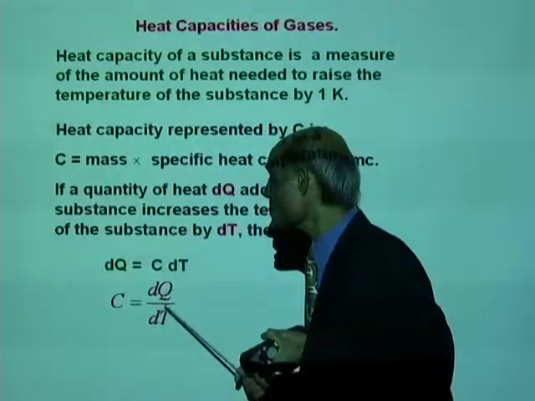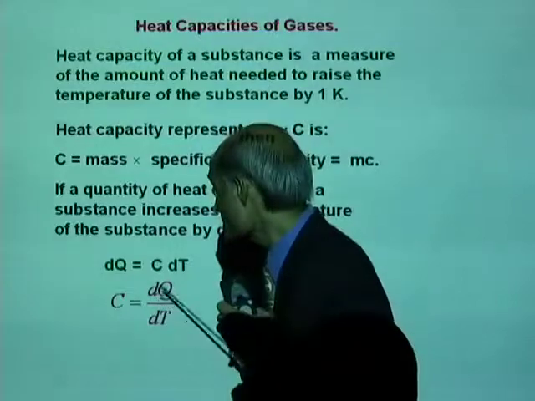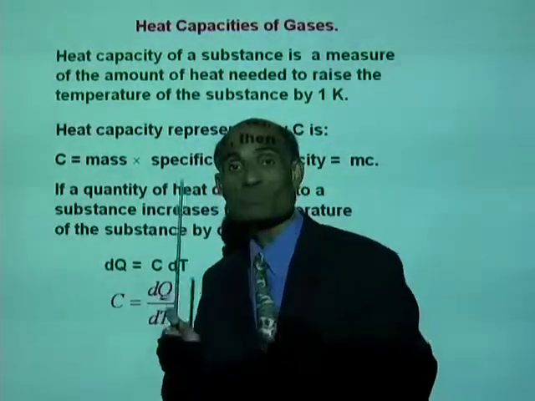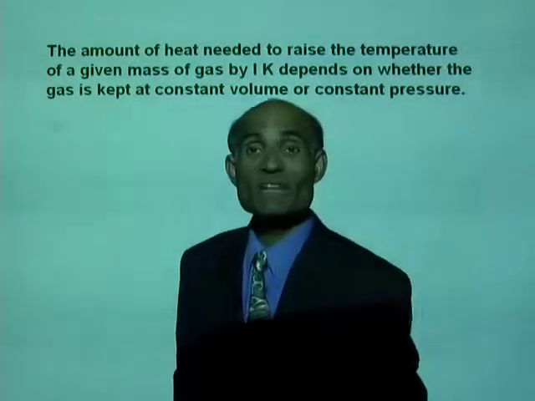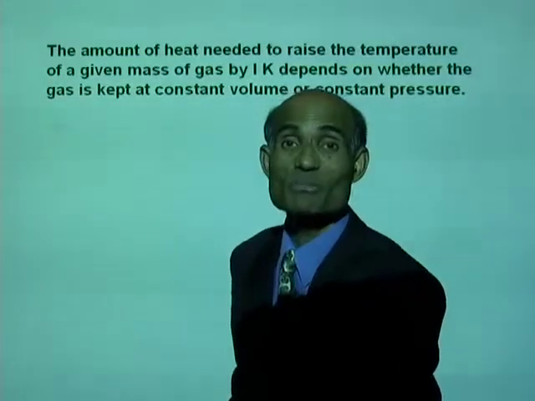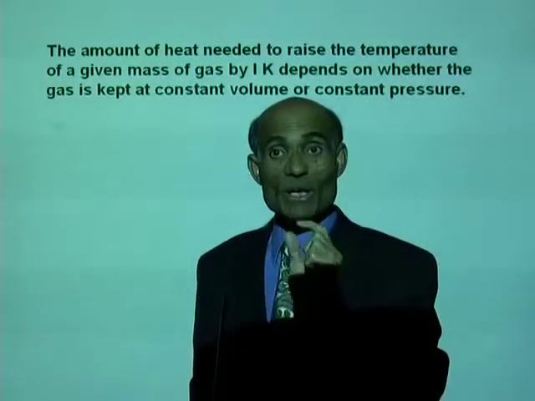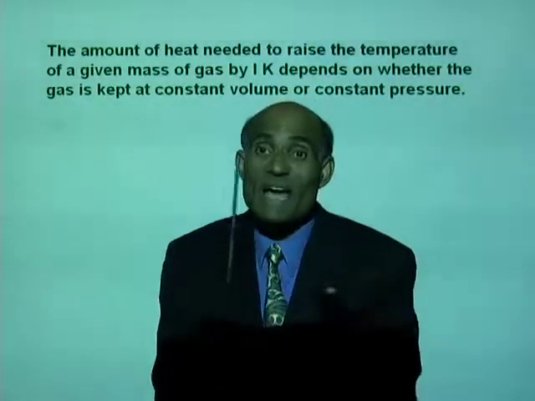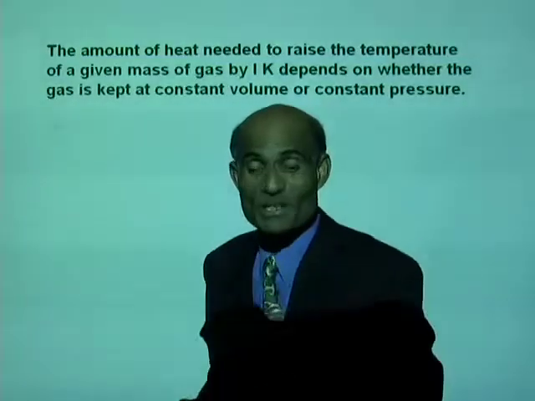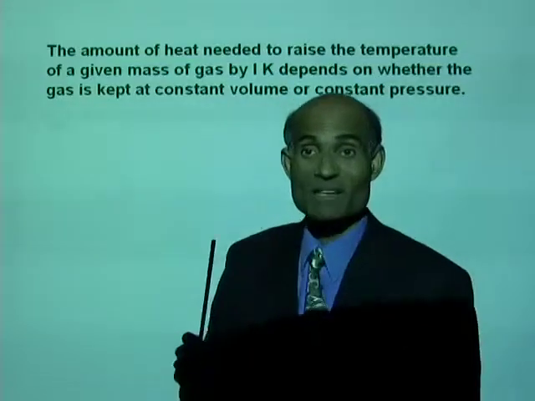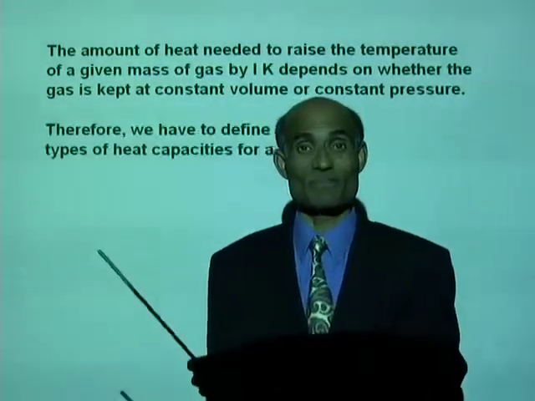C equals dq by dt, the amount of heat needed to raise the temperature by 1 Kelvin. The amount of heat needed to raise the temperature of a given mass of gas by 1 Kelvin depends on whether the gas is kept at constant volume or if it is kept at constant pressure. As I have told you earlier, these two quantities are different.